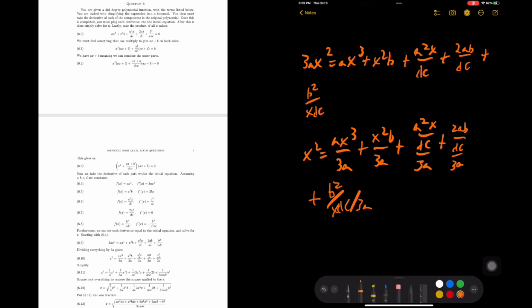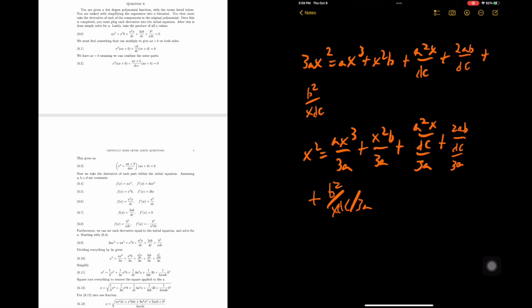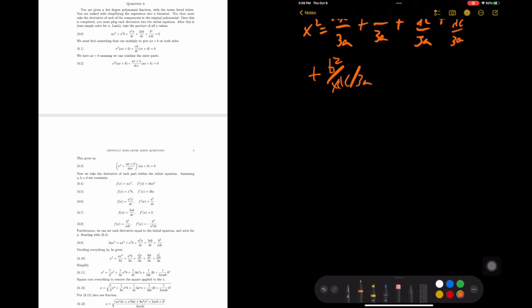So yeah, fairly simple, just normal algebra. Then, of course, we have to isolate for x, not x squared, so we'll take the root. So we have x is equal to the root of everything that we stated up there, all the exact same expressions. And we can put them all into one fraction. I'm not going to go over that, but that's exactly what you would do in this case.